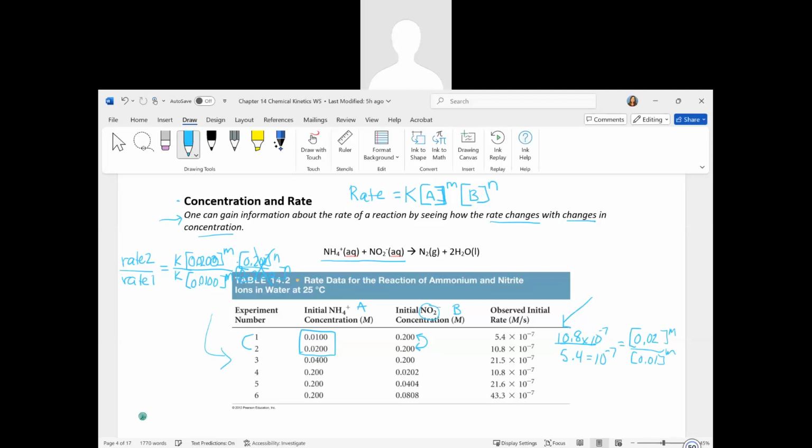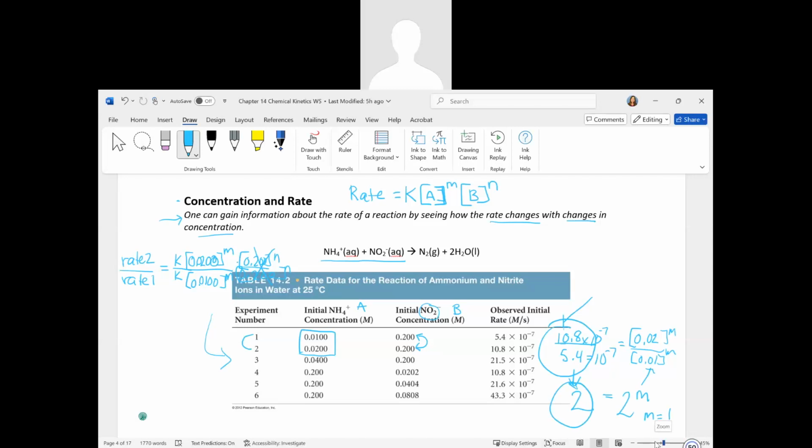So notice since our exponents are the same, we can do some quick math and see that 10.8 divided by 5.4 will give us 2. And that's equal to 2 as well if we divide 0.02 by 0.01. So 2 to the m power over here. And the only way to get an answer of 2 is if our m exponent was equal to 1 here.